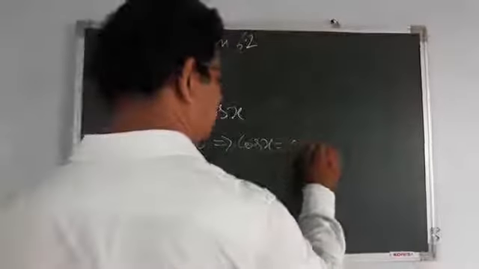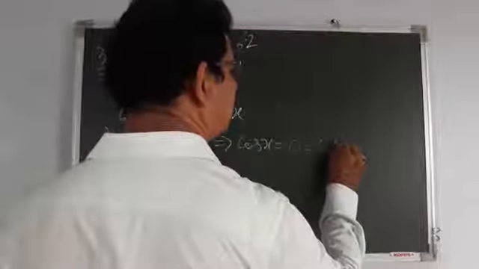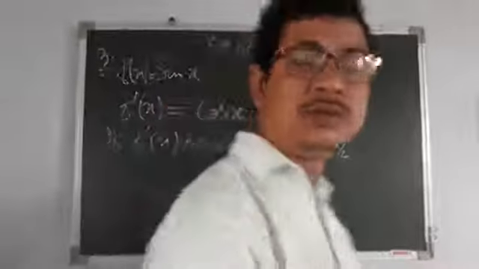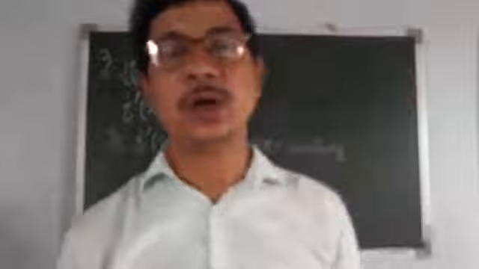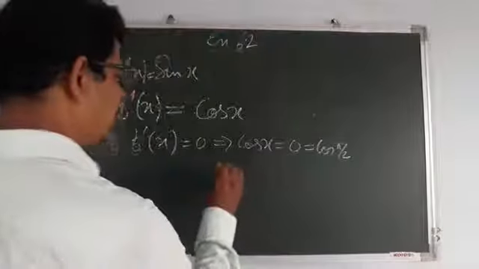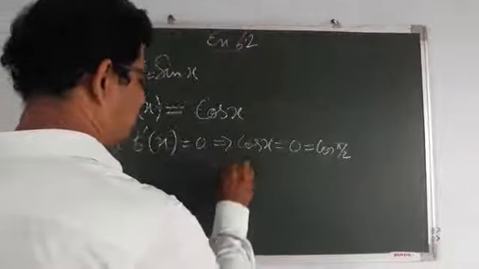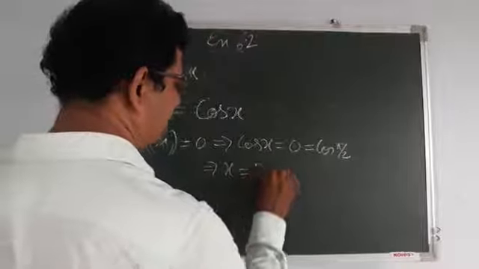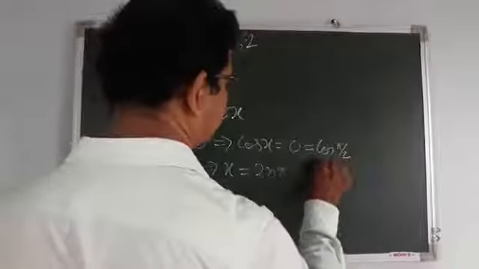Cos x is 0. We know cos 90 is 0, because cos 0 is 1 and it gradually decreases until cos 90. Then we have the formula x is twice n pi plus minus 90.